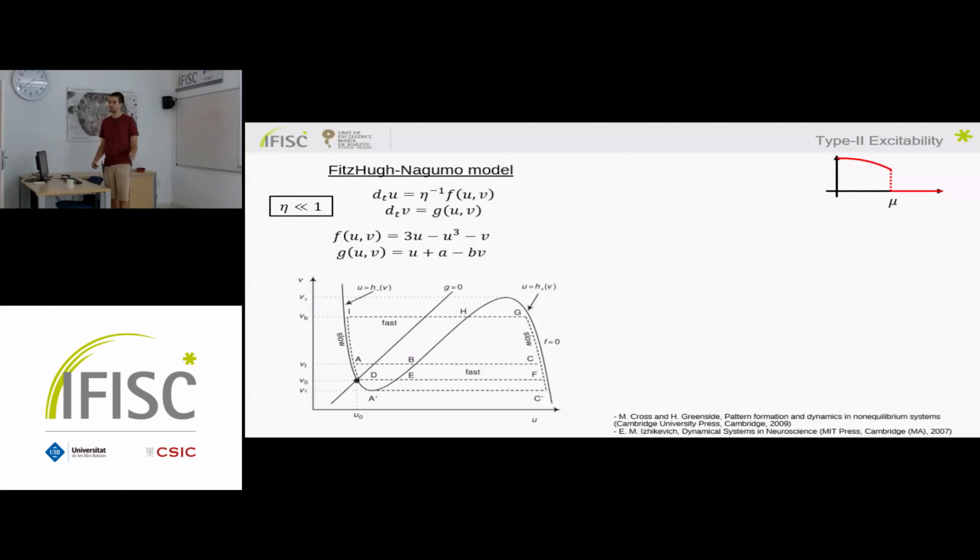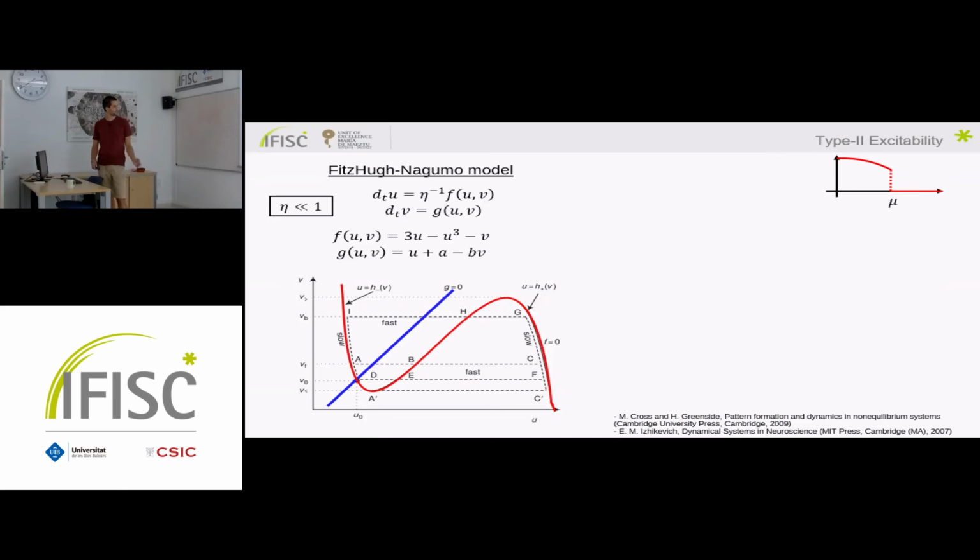In the excitable regime, we can draw the phase space of this system, and we have something like this, where this red curve is the points in the phase space where the fast variable does not move, because this function f is 0. On the other hand, we have this other line here in blue that is the points in the space where the slow variable does not change, because this function g is 0.